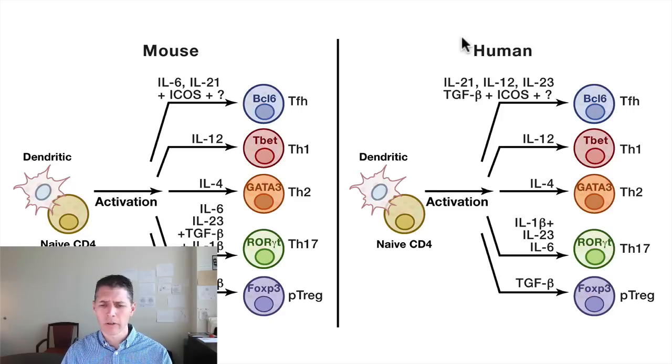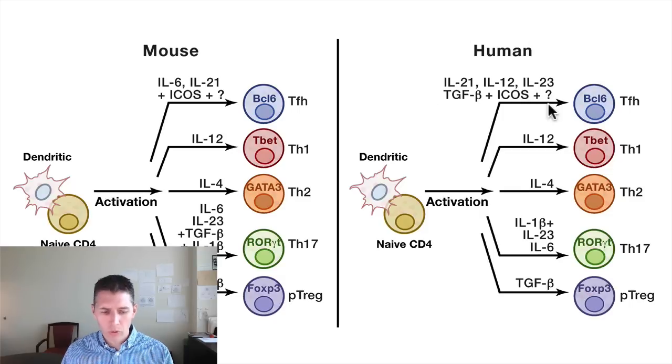And so this is an area of very active investigation and is quite important because obviously we need to understand the human TFH differentiation signals and signals regulating human TFH much more so than mouse, as it's humans that matter at the end of the day, particularly for biomedical concerns.